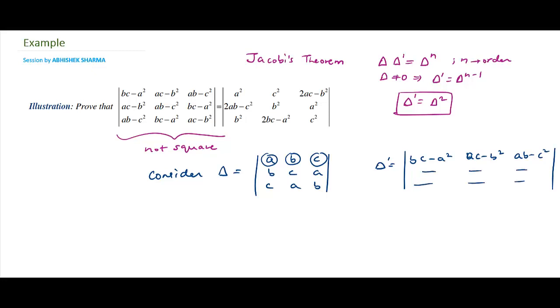The key idea is to observe that the determinant on the left hand side, which is given to you, is nothing but delta dash that we have looked at here. So the left hand side is a determinant obtained by replacing the elements of the determinant delta with the corresponding cofactors.